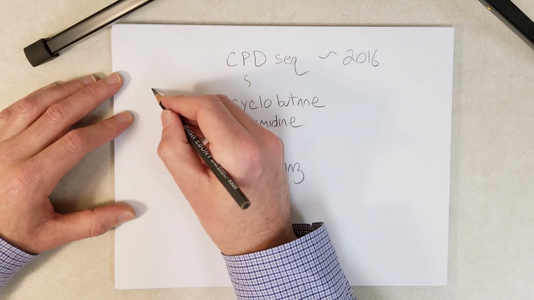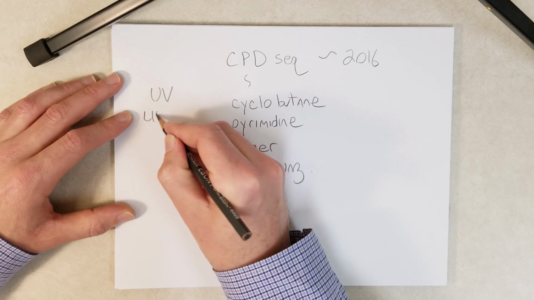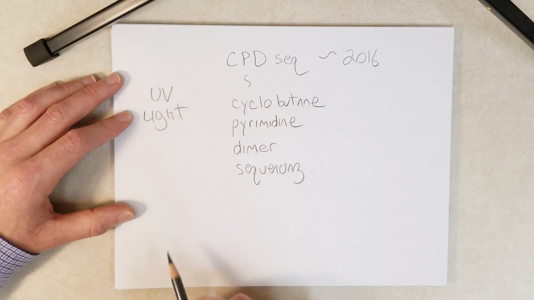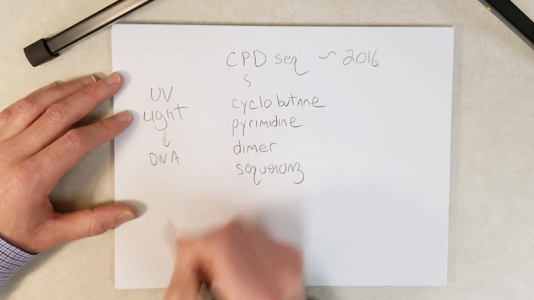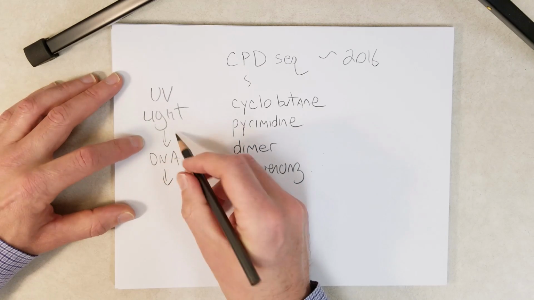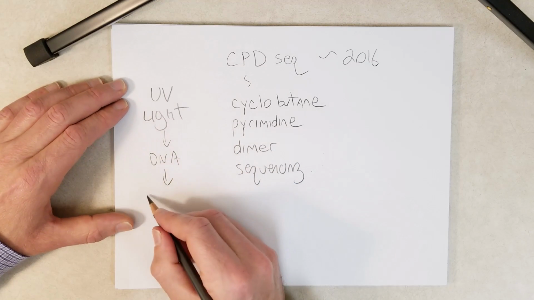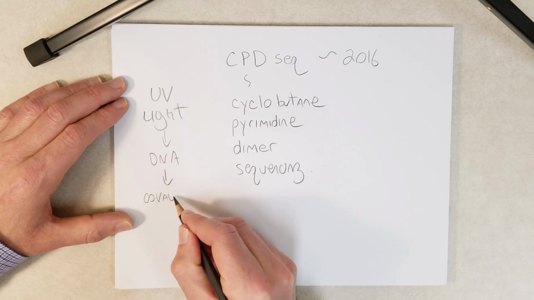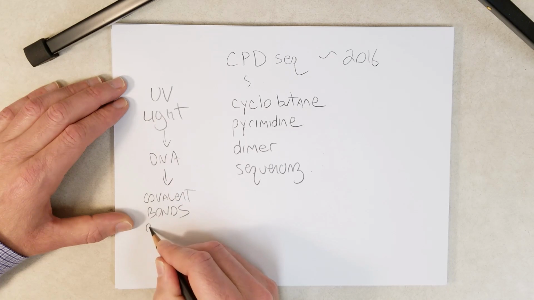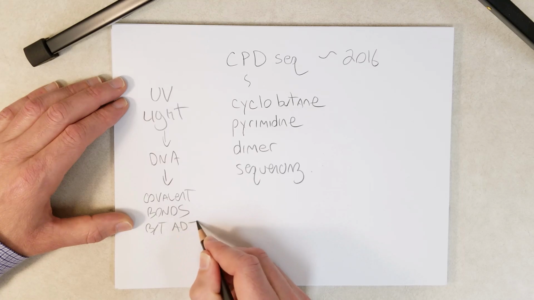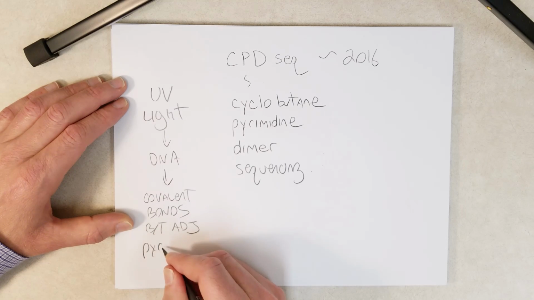So essentially, this involves UV light, and UV light can damage DNA. What it does is it can form covalent bonds between adjacent pyrimidines.